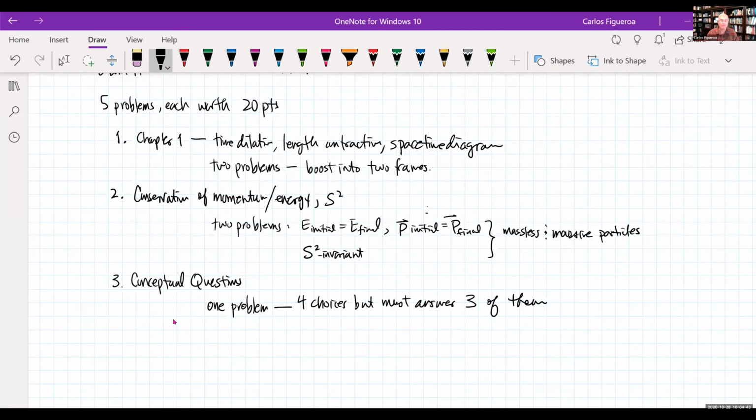You'll have 4 choices, but you get to pick the 3 that you want to do. And it's super important that when you use these conceptual questions, you want to minimize the mathematics that you use. It's really about the concepts, not the mathematics. And if you use only mathematics, I'm going to downgrade you big time.